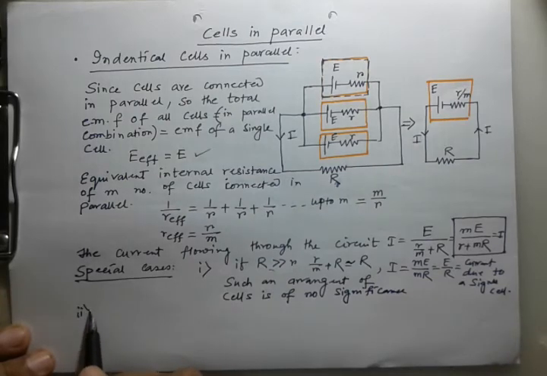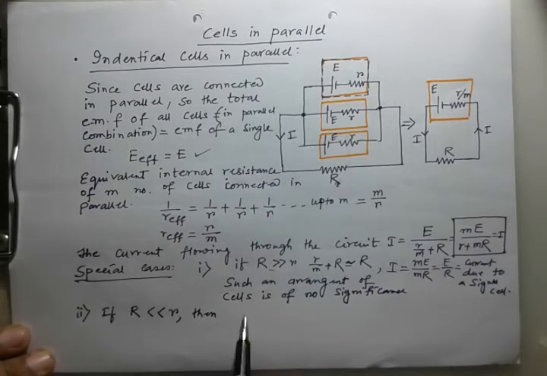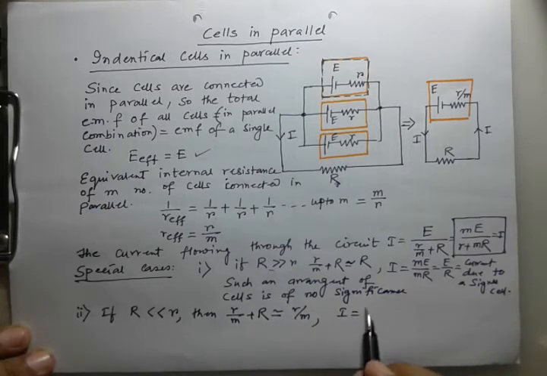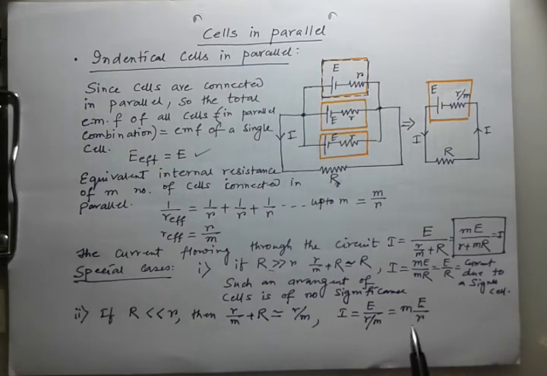Case number 2. If R is much less than small r by m, then r by m plus R will be almost equal to r by m. In that case, I will be E divided by r by m, that means mE by r. So the current will increase in this case.